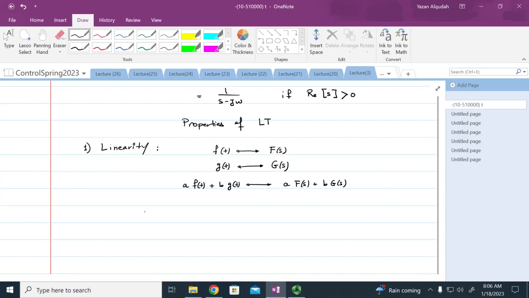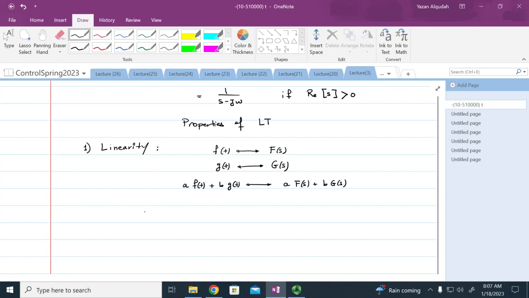You can take out constants. Yes, good point. What else? You can break down more complex expressions. Excellent, yes. The reason this is very useful is that if I have an expression that I want to find the Laplace transform for, I can take it and break it into smaller parts, then find the Laplace transform for each part, and then add them together.